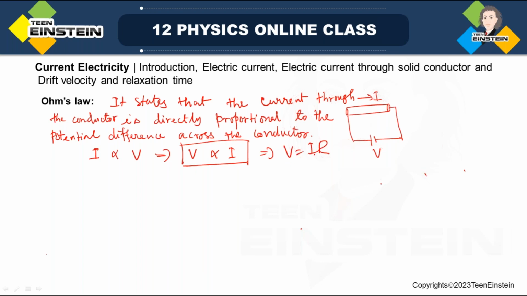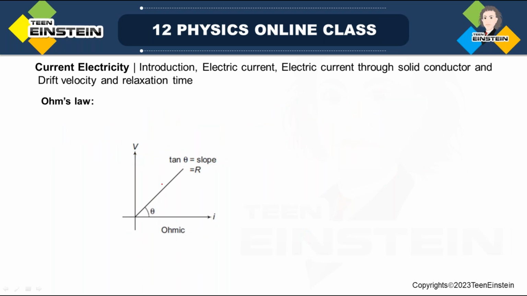So if we plot V and I, either I as a function of V or V as a function of I. V is equal to IR, Ohm's law, and we are plotting V versus I. How does this plot look? It will be a straight line, and it will pass through the origin.